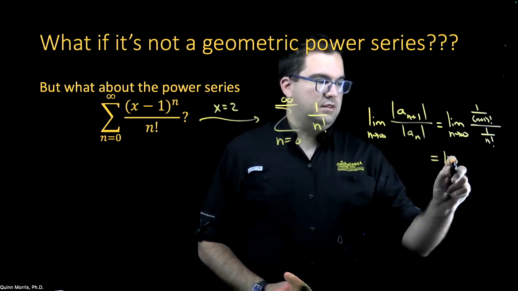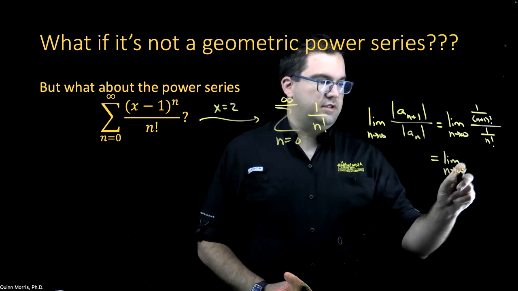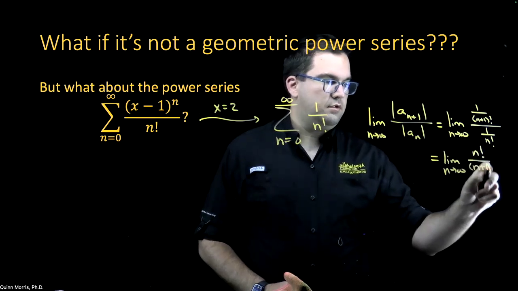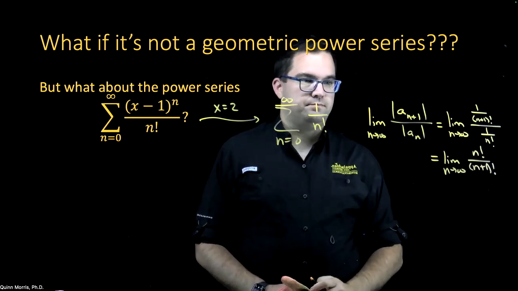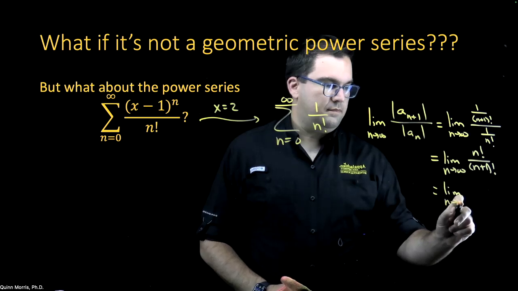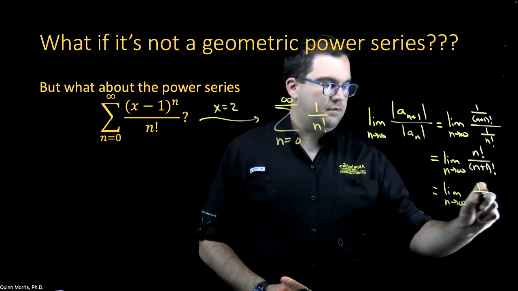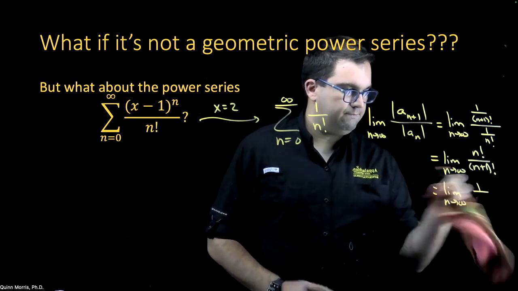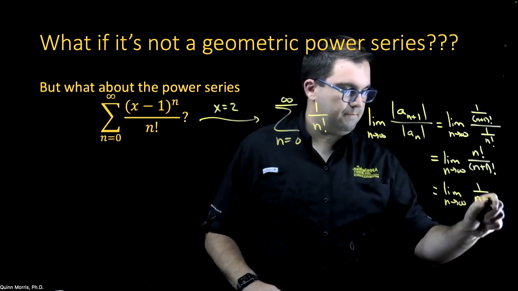And now that would be the limit as n goes to infinity of n factorial over n plus 1 factorial. And that will simplify to 1 over n plus 1.